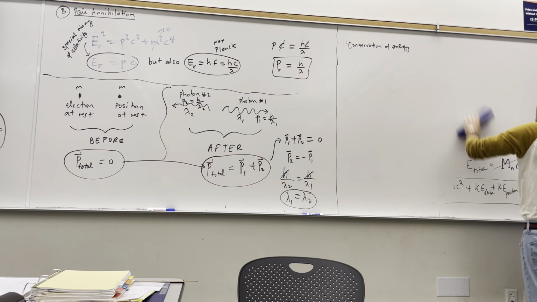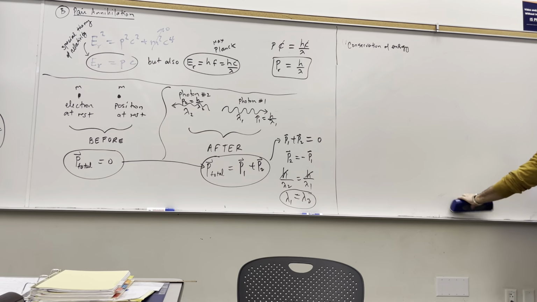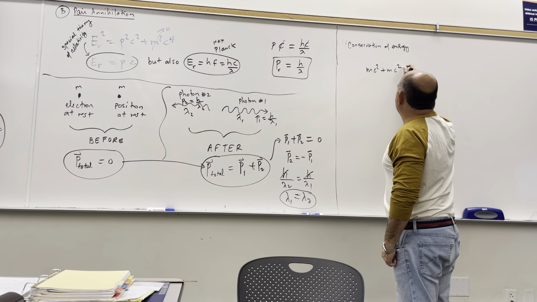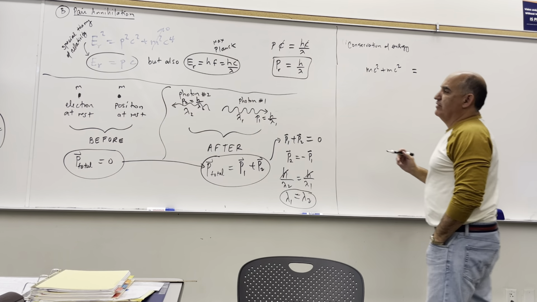Well, at first we had two particles at rest. So the total energy was what? It was mc squared for one of them and mc squared for the other one. They were both at rest, no kinetic energies, because I went to the frame of reference where they were at rest.